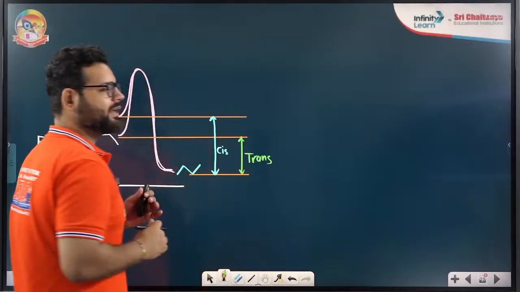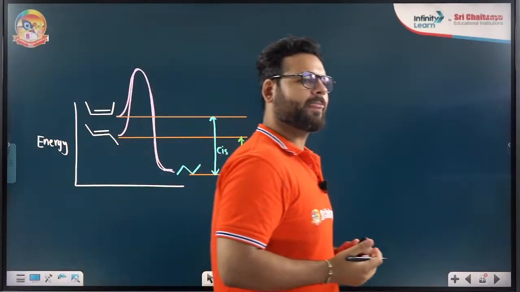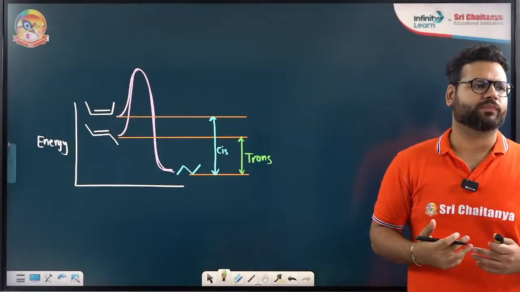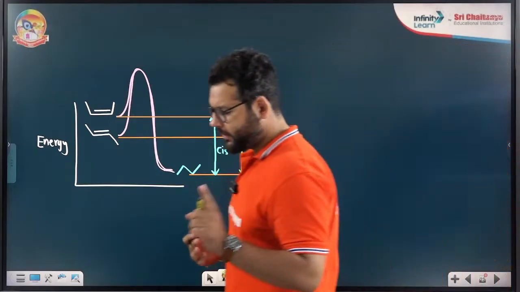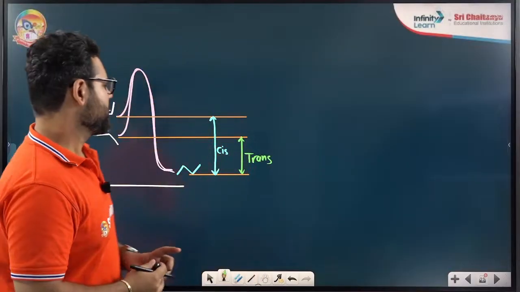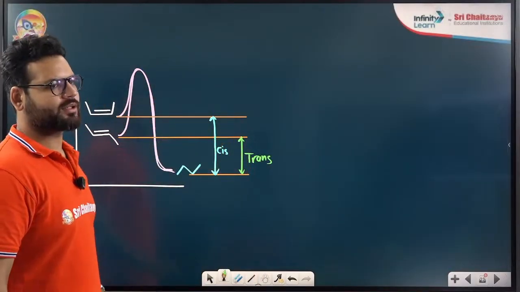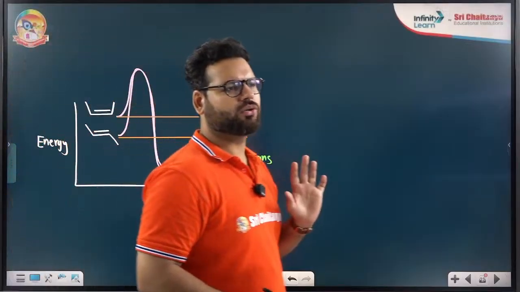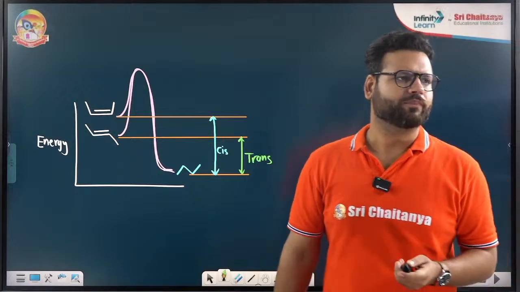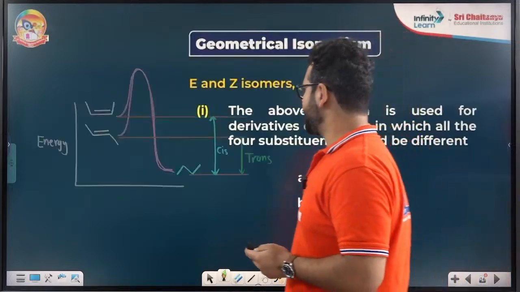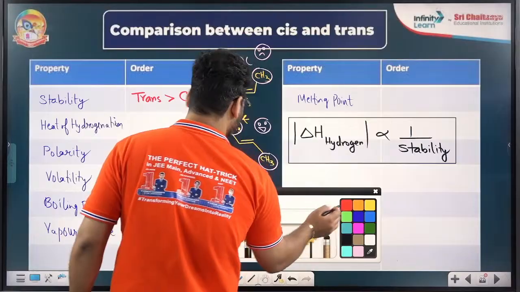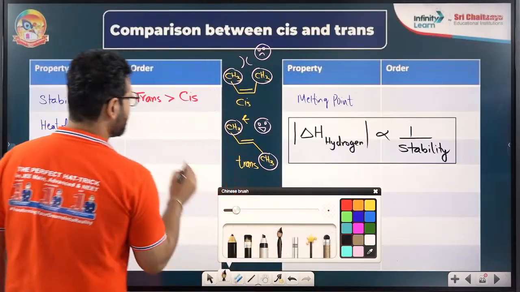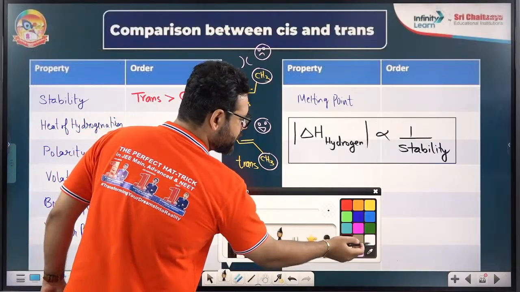So trans will release less heat on hydrogenation and cis will release more heat. Please remember, very, very important point: delta H is more for cis, less for trans. More the stability, less heat released on hydrogenation. So this is the way to check. We can mention easily that in heat of hydrogenation, cis is the winner. Wherever cis will be the winner, I'll write with the brown pen.